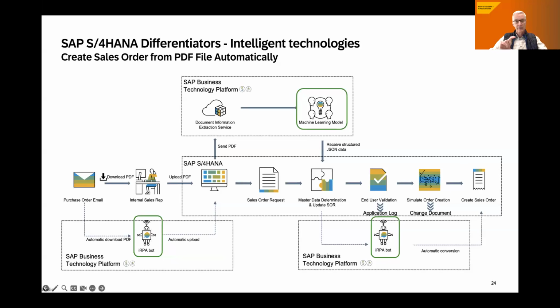So we can handle this either completely the manual way, and that is the horizontal line here on the slide. We could have a person like an internal sales rep opening these emails, analyzing them, uploading the PDF into S/4HANA, seeing what kind of data that's being given through the email fits into which structured data in my S/4HANA system. I could type it in as the internal sales rep, then validate it, and finally post and process the sales order.